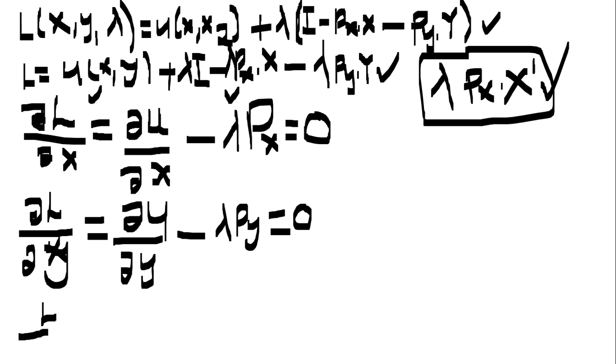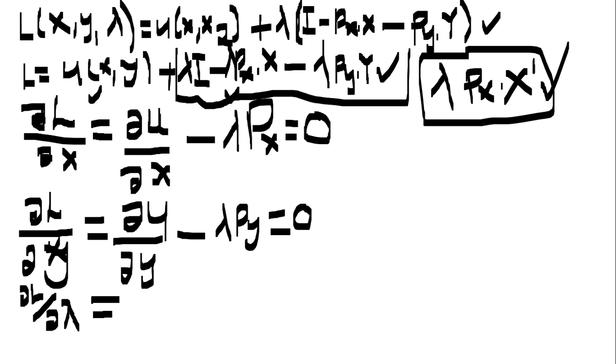So the change in L due to a change in lambda. We know that lambda is only present from this side up to there in the constraint.